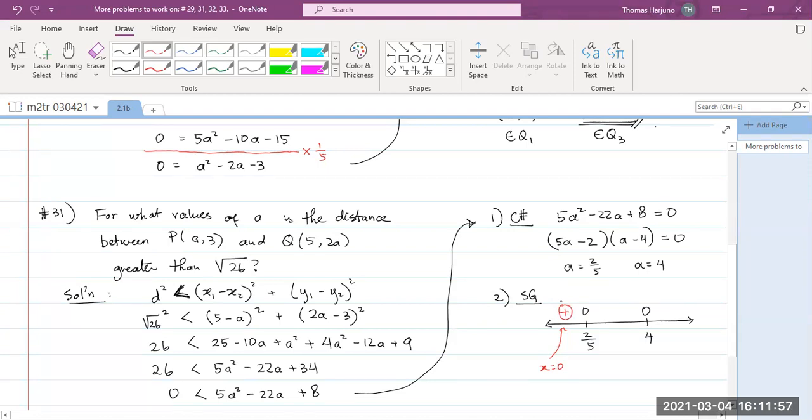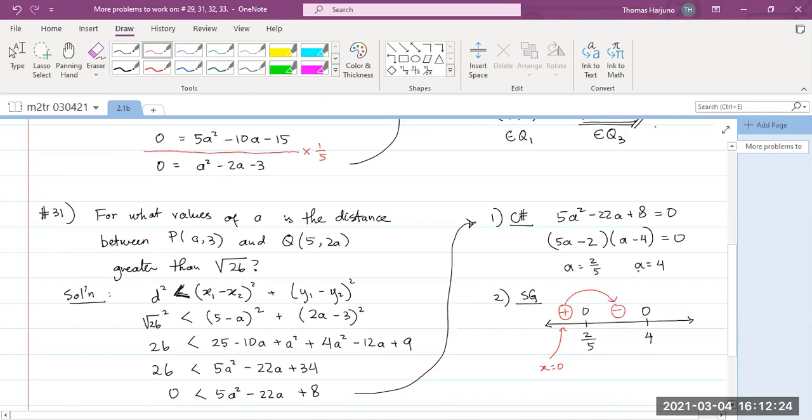Okay, because each of those critical numbers has multiplicity of 1, an odd multiplicity, every time I jump across that critical number, I change the sign.